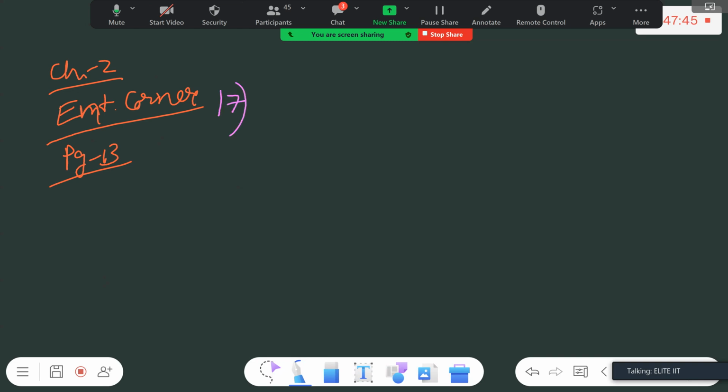Question number 17. The value of 20.91 divided by 0.17 is. How to do this? First, we have to do division here, isn't it? So first, we'll convert the decimal numbers into fractions.